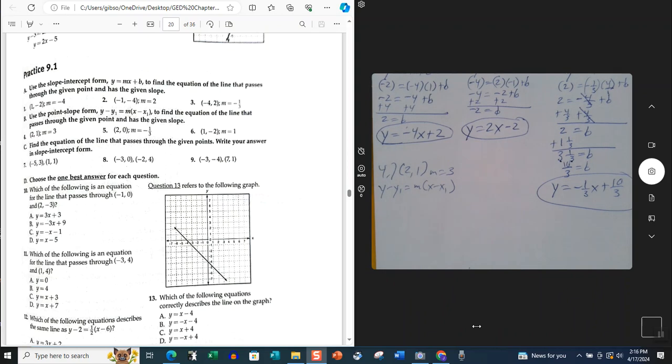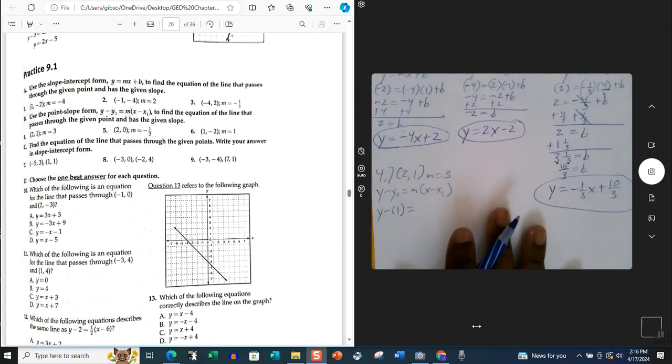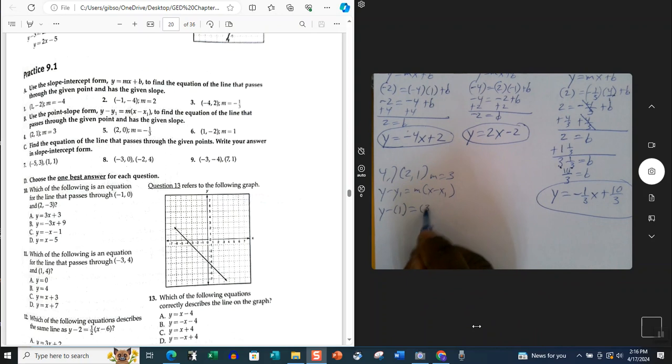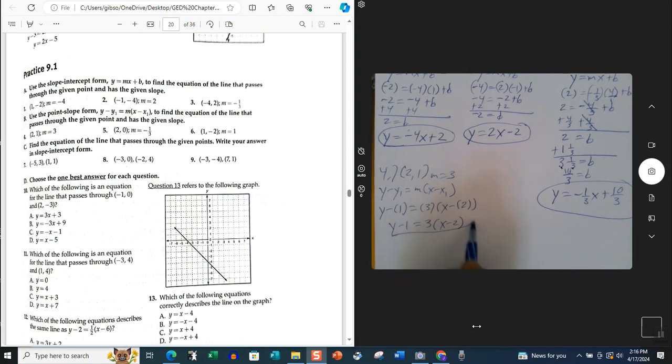So now we'll go through and substitute. y1 is 1, so we have y minus 1 is equal to the slope, which is 3, times x minus x1, which is 2. So this will end up being y minus 1 is equal to 3 times x minus 2. And right here is your answer in point slope form.